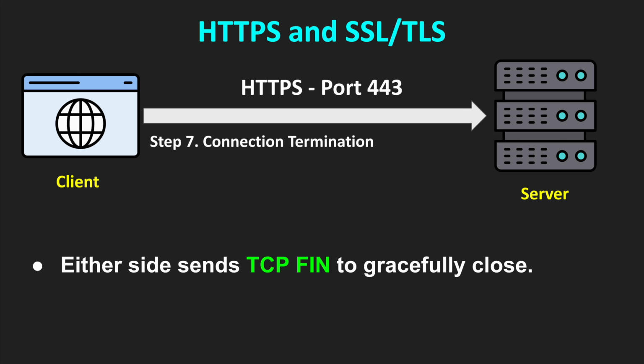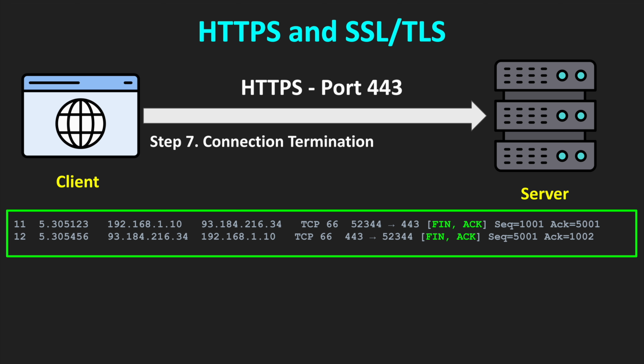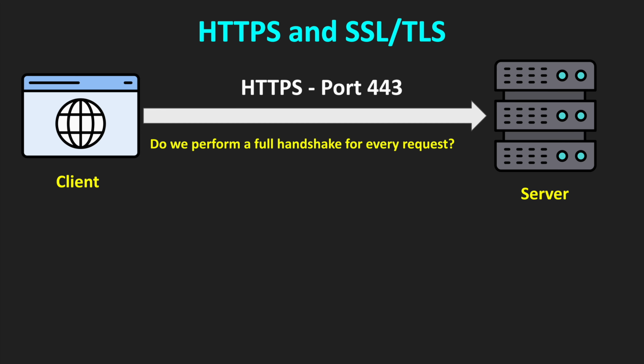Either side sends the TCP FIN to gracefully close the TCP connection. As you can see here, either server or client can send the same TCP message, FIN ACK, which means that the connection is finalized.